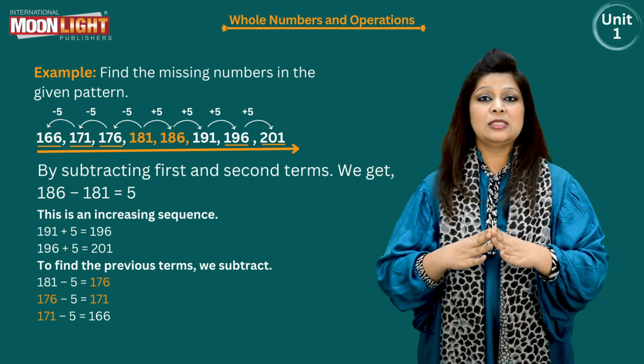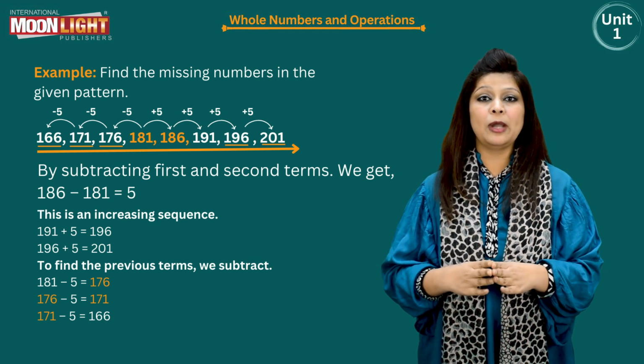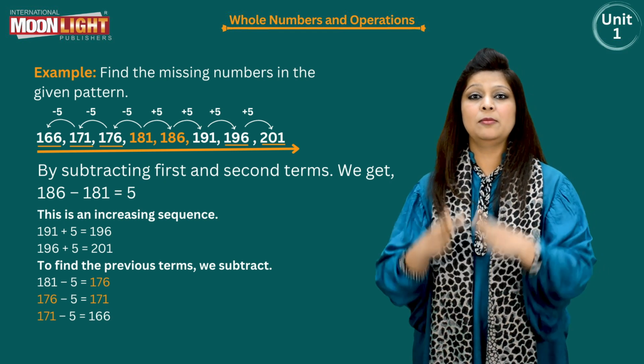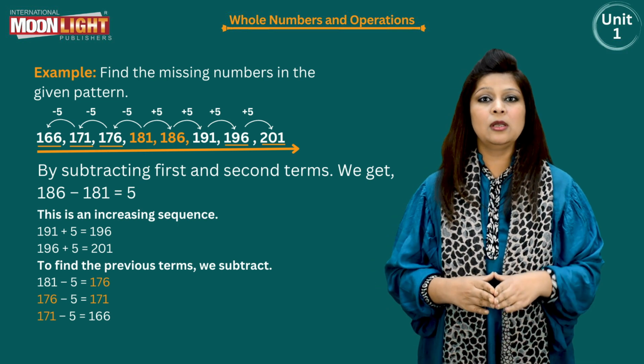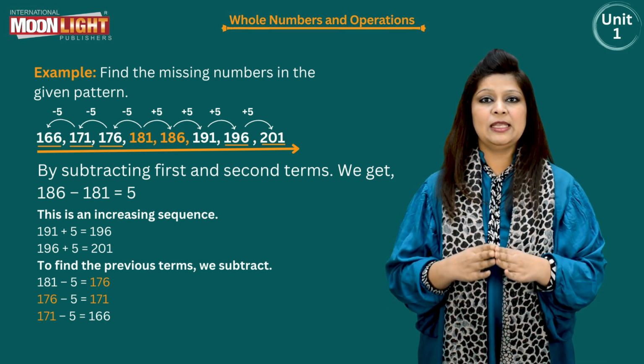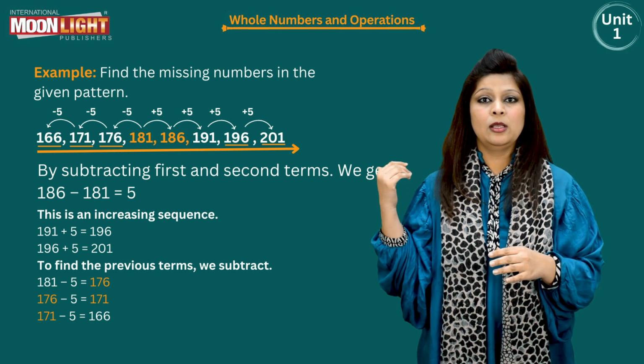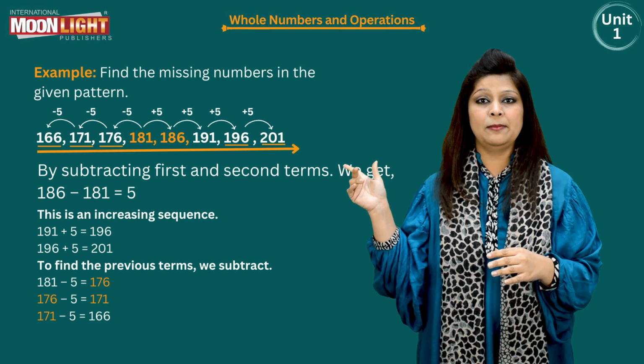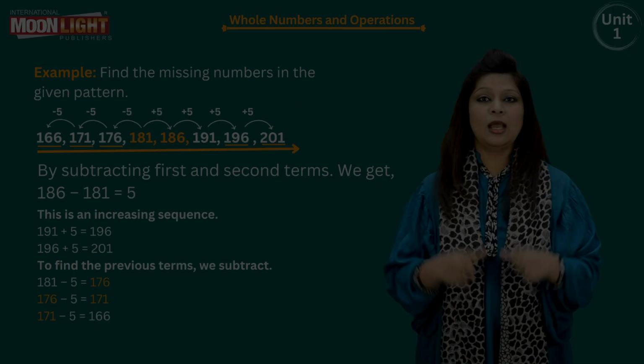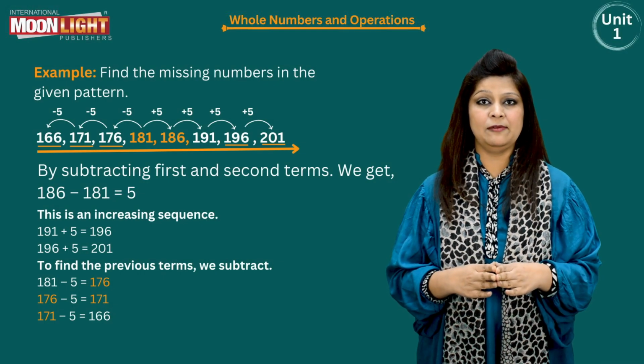Means in this sequence, if I add 5 to a term, I will get the next term. Now, you can see that 191 is the last number which is written over here. To find out the next missing number after 191, I will add 5 to 191.